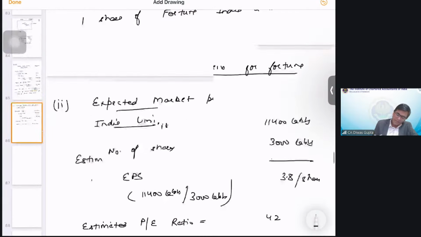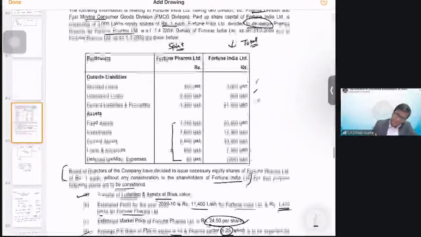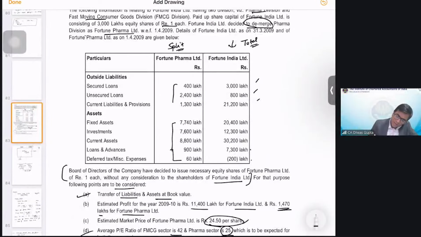Liabilities. Liabilities is 28 and 13. 4,100 is for Fortune Pharma, and this is 22 plus 3, 25,000. Yes, Saminathan, you're right. 25,000 for Fortune India.